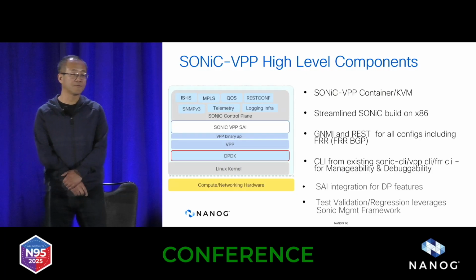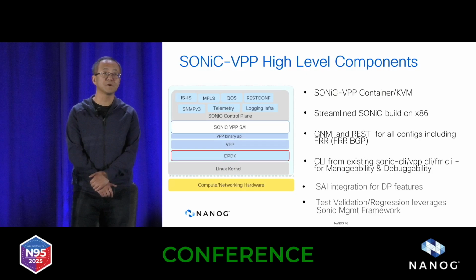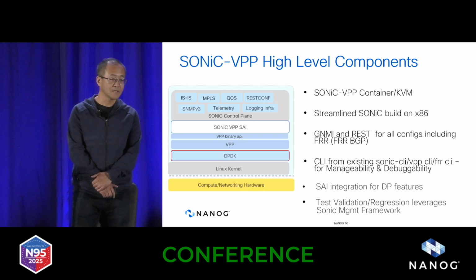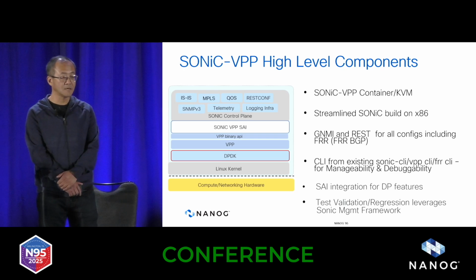Here's the view of the high-level components in SONiC VPP. At the top are the control plane components, which program the VPP data plane through the SONiC VPP SAI implementation, the SAI API. Internally, the SAI API uses the VPP binary API to talk to VPP.